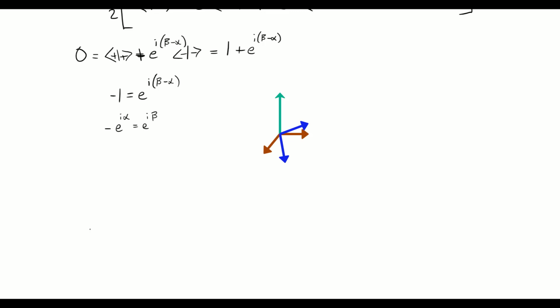Similar to that, we're able to set one of these to whatever we want. The convention normally is to set alpha equal to 0, which means -1 is equal to e to the i beta, which means beta is equal to pi.